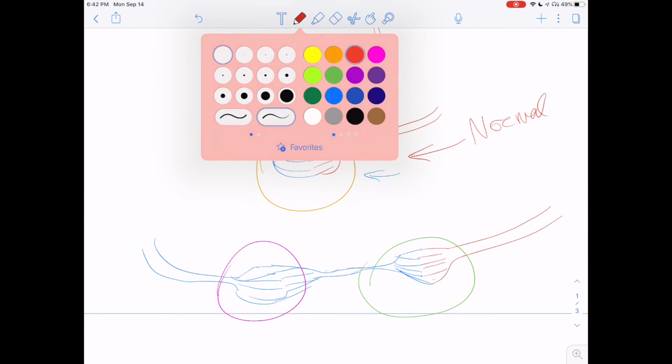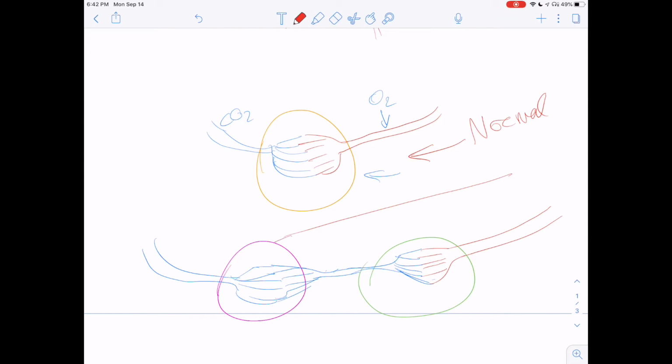Yes, you could have more oxygenated blood in here, who cares. But in this system, the deoxygenated blood goes to another part. This is the portal system.